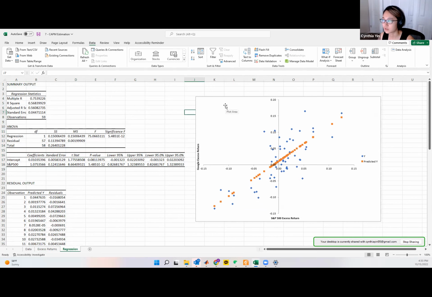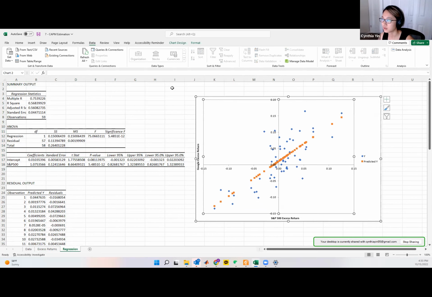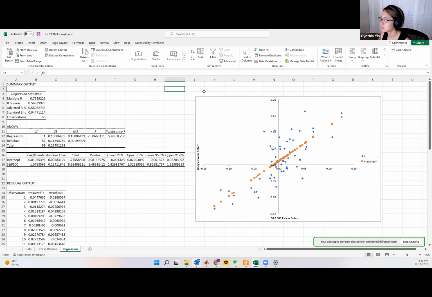Let's look at the plot first, because it's a little bit different from the slide. The x-axis is the S&P 500 excess return, and the y-axis is the Google excess return.